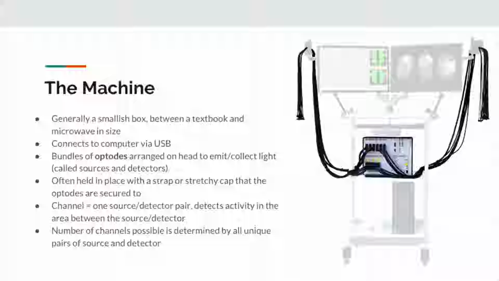When we talk about fNIRS data, we often say channels. A channel is the data recorded between one source and one detector pair, and that's detecting activity in the brain area that lies between those two optodes. The number of channels possible is determined by all the unique pairs of sources and detectors that you have on someone's head.